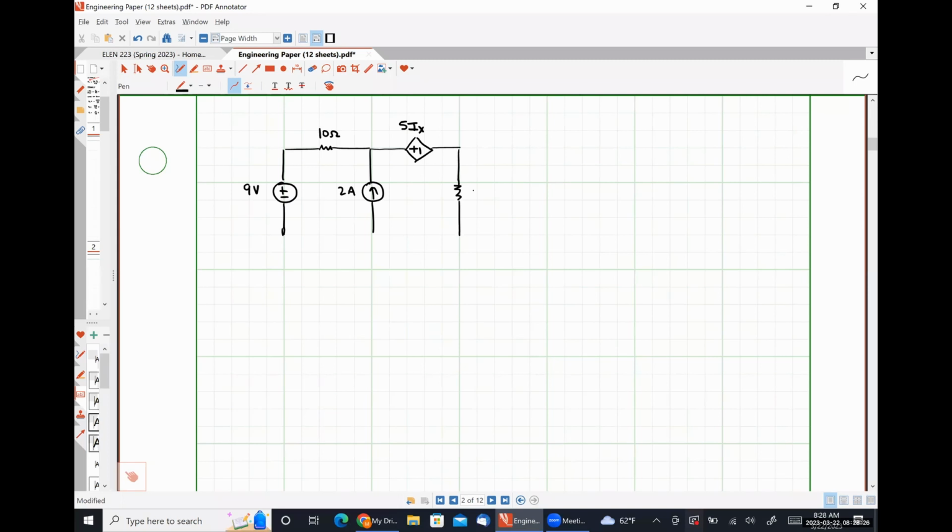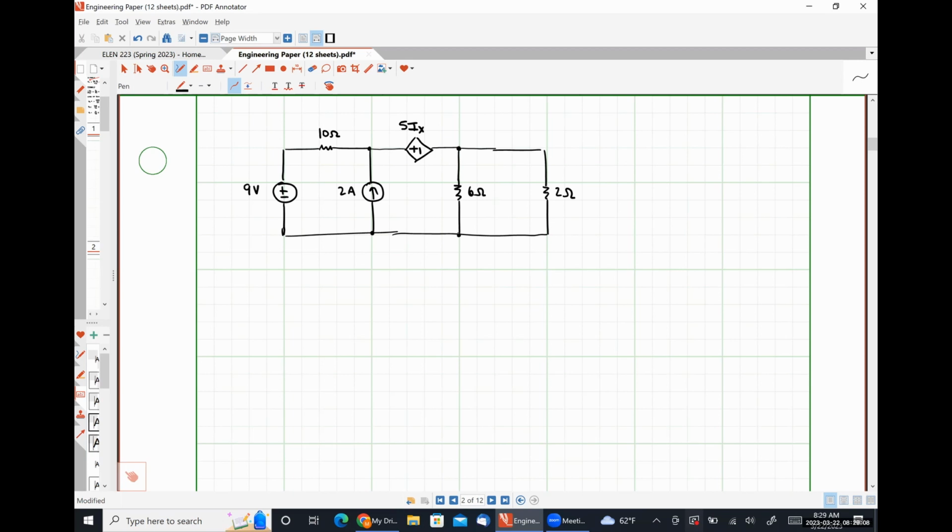Let's make this a 6 ohm resistor. I'm gonna wind up with too many unknowns if I do it that way for this particular calculator. 2 ohm resistor here. All right. So we have voltage sources in the mix now.